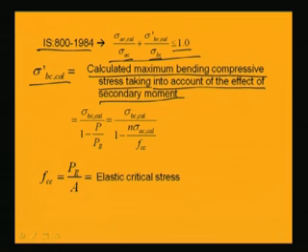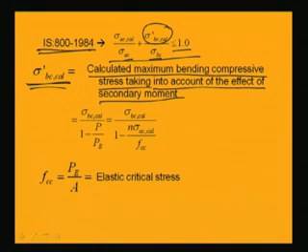That means, in IS 800 1984, the stresses developed due to secondary moment have been taken into consideration, whereas in 1962 in that code it was not considered. So, this sigma dash BC calculated has been modified.